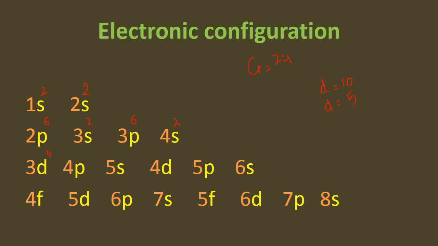So to get more stability, it is near about to 5, as here 3d contains 4 electrons. To get more stable, it takes 1 electron from 4s and becomes 5. So in this state, it feels more comfortable and it is more stable.